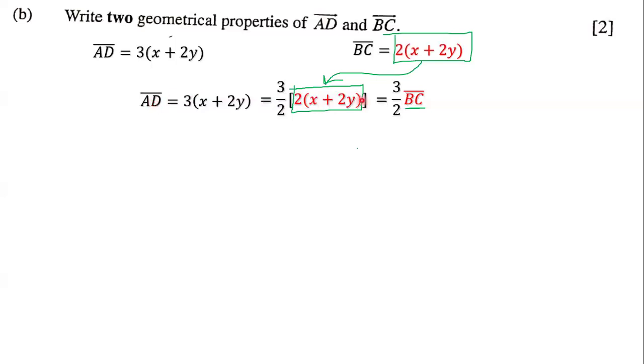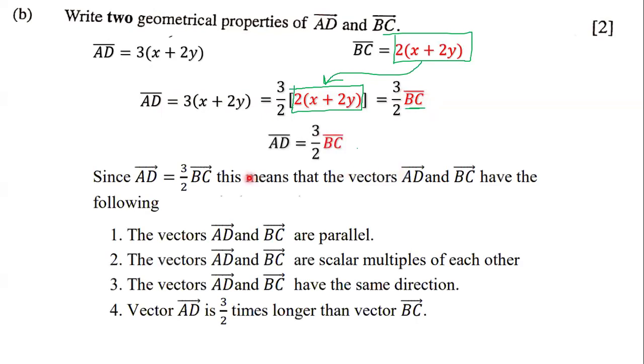This result is important because, since AD is equal to 3 over 2 BC, certain things follow as a result of us knowing that.